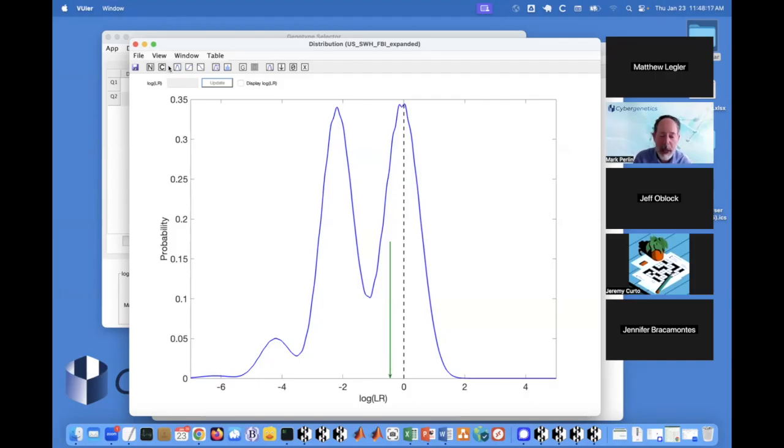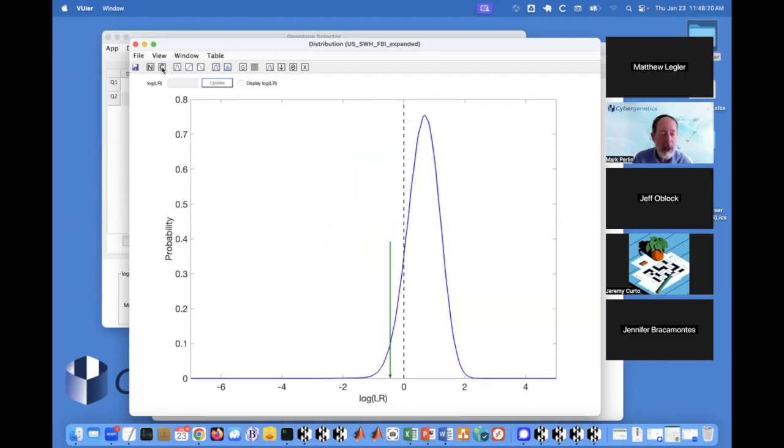Could you turn off that distribution and turn on the contributor distribution? Well, that match statistic of -0.5 also looks like it's in the contributor distribution. And if you turn both on, you see that there's the interval of overlap between these two distributions that goes from around -1.5 out to maybe +1.5.